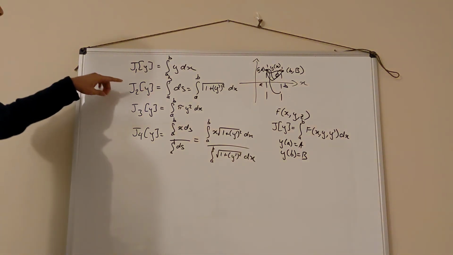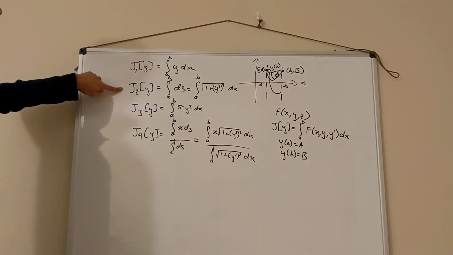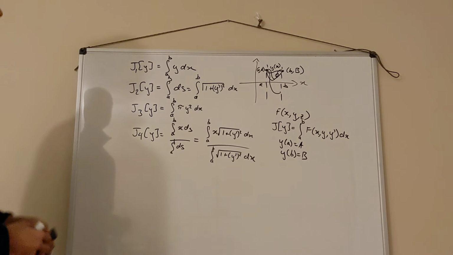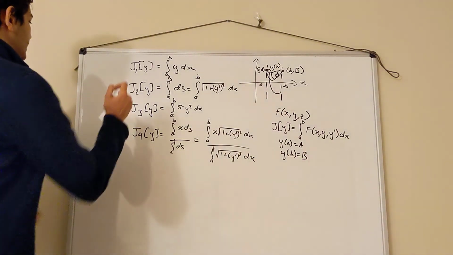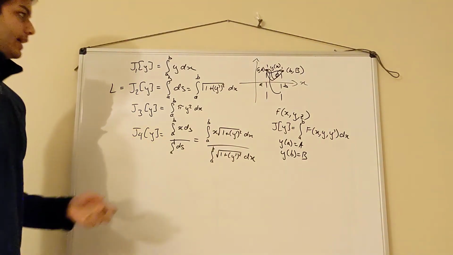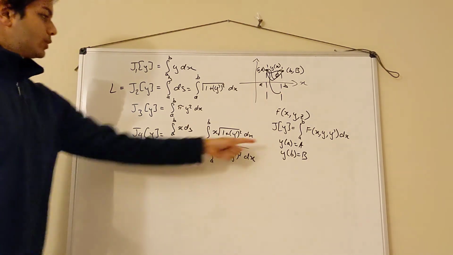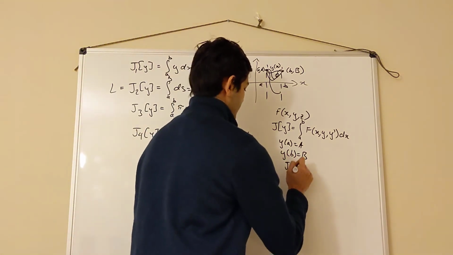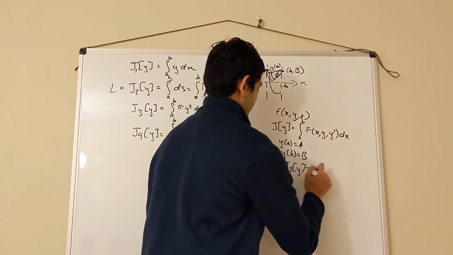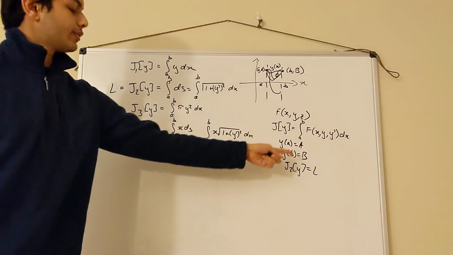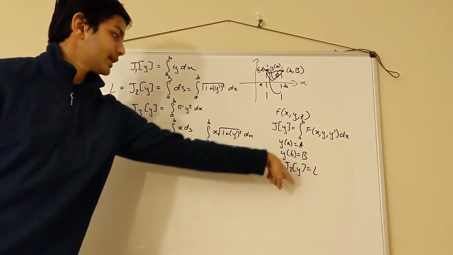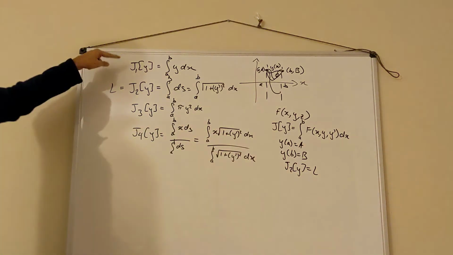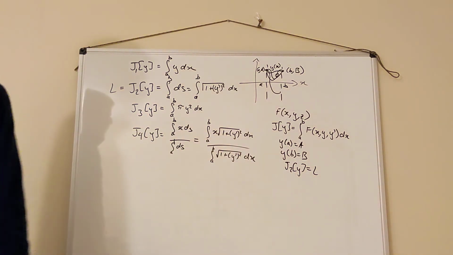And you can use that to optimize these things, and you can actually even do more complicated problems. Like you can say, let's say you fix some length. That means you're fixing a value of the functional. So you're saying J2 of y is equal to L. And now you're not only imposing these two conditions, but you're saying these conditions plus J2 of y is equal to L. And you may ask, for all functions that satisfy these three conditions, what has the optimal area?